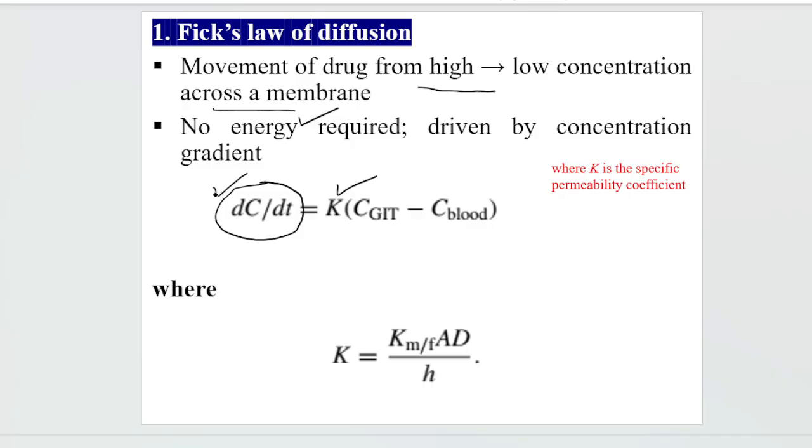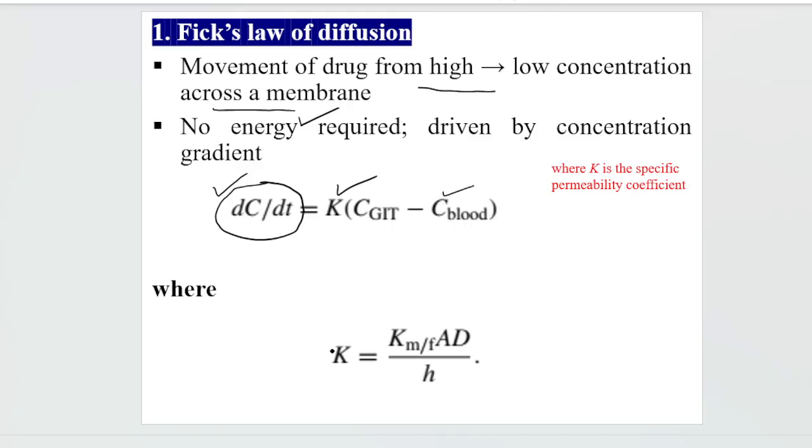That's why there is a positive sign, and K is the permeability coefficient, and C is the concentration of drug in the GIT. So greater the concentration in the GIT, greater will be the movement of drug from the GIT into the blood, and lower the concentration of drug in the blood, more movement will occur. So that's why it is K into C, the concentration of drug inside the GIT, minus the concentration in the blood.